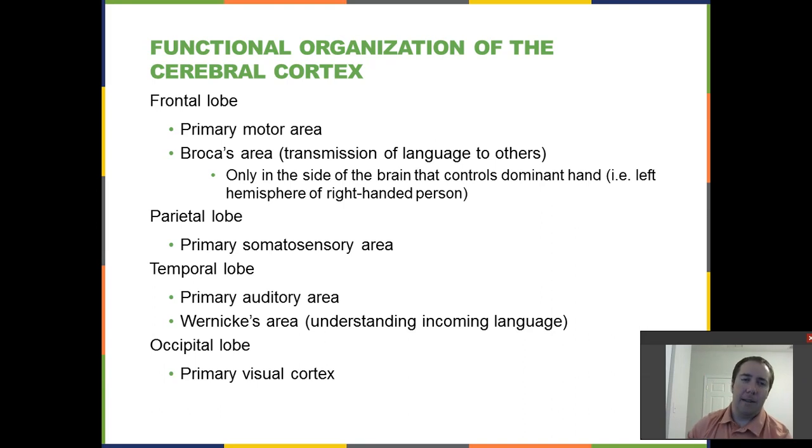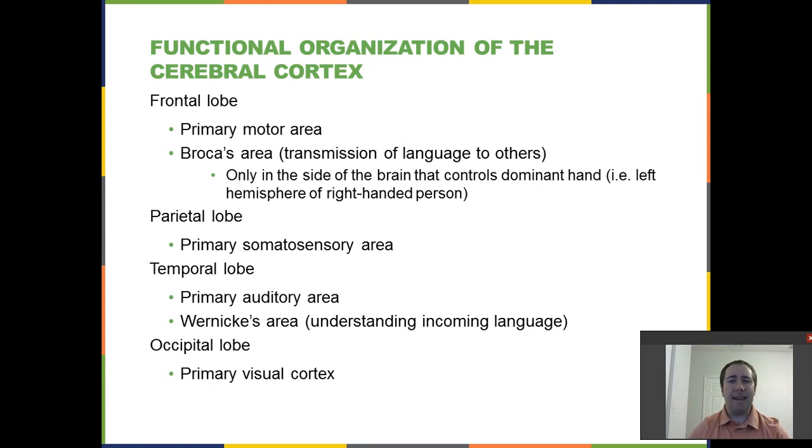And interestingly, this is only on one side of the brain. It is on the side of the brain that controls your dominant hand. So I am right-handed. Remember, I do know my left from my right. Everything's reversed on the camera. I have a PhD, remember. So I am right-handed. The left side of my brain controls my right hand.